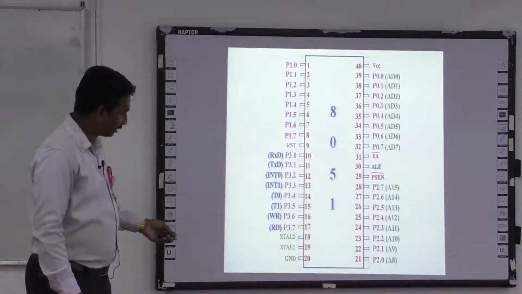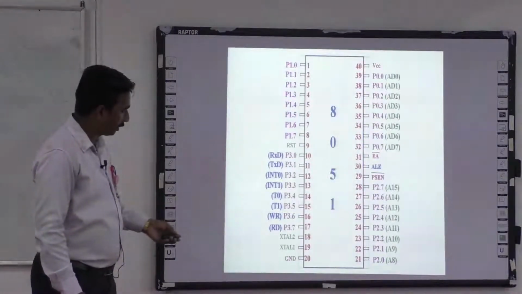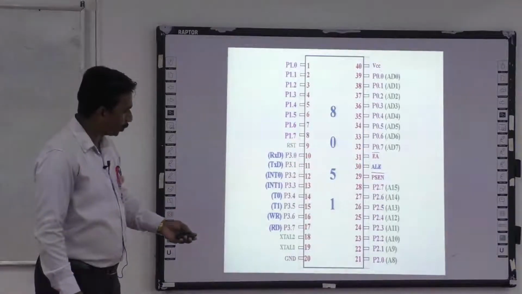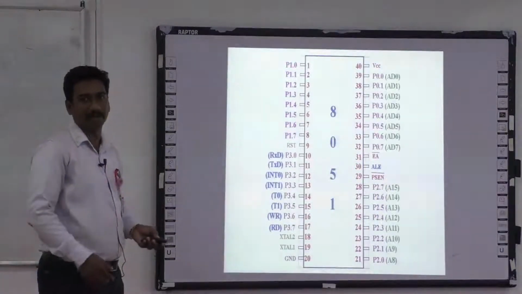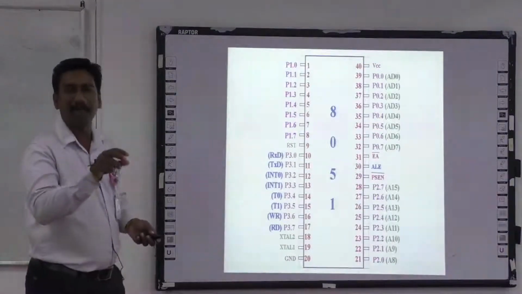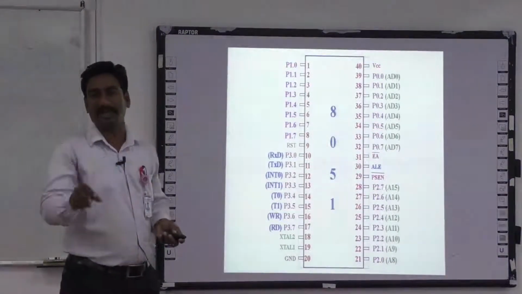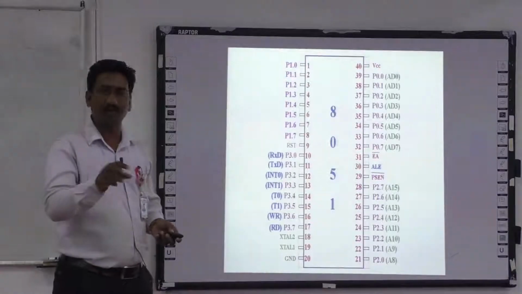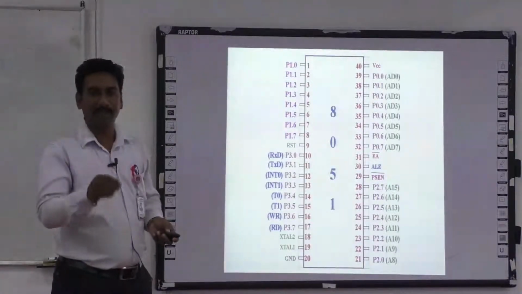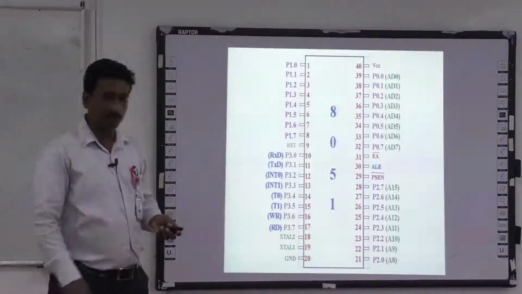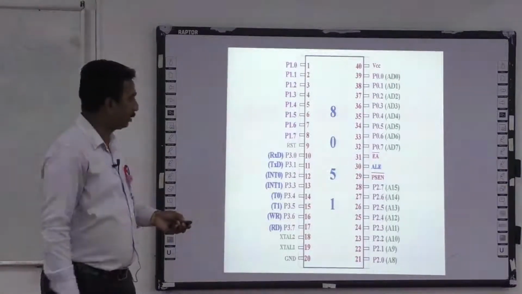Port 3 is assigned from pin number 10 to 17, and port 2 is assigned from 21 to 28. So this is the pin configuration, and only by knowing the pin details can we design any hardware. Without knowing the pin details we cannot connect the inputs and outputs, so it is necessary to know them.